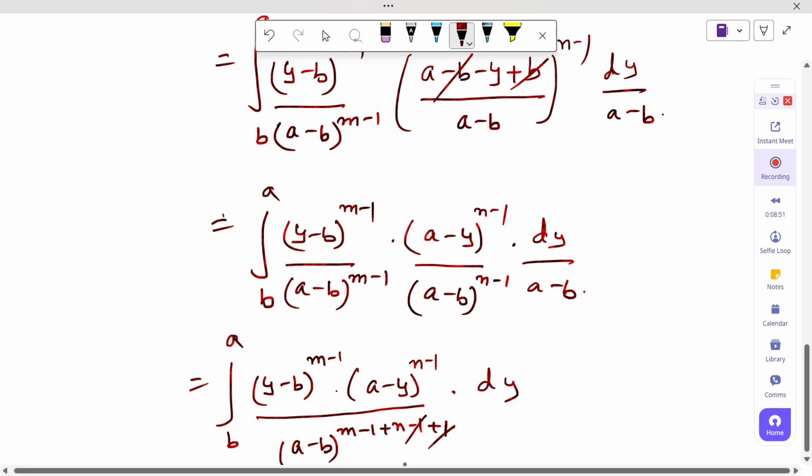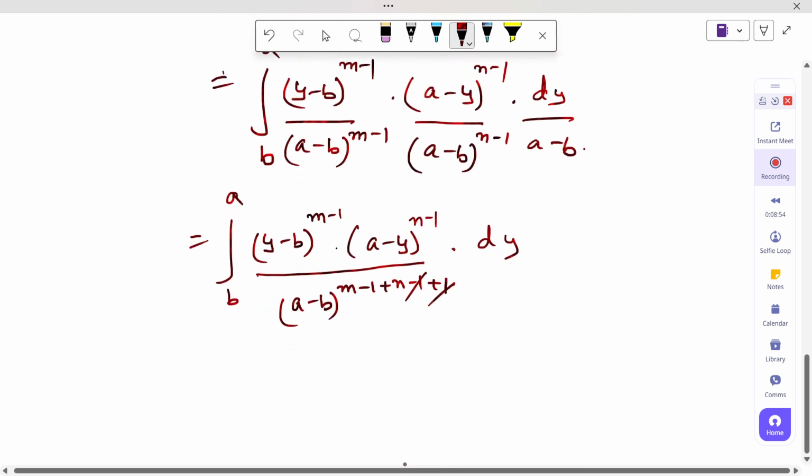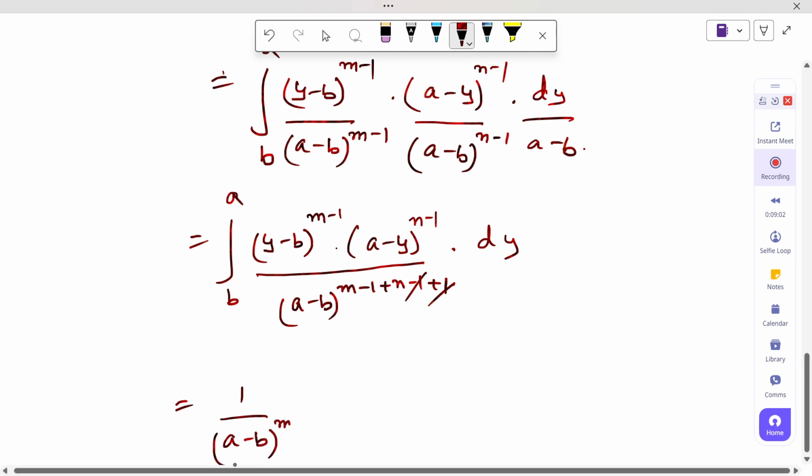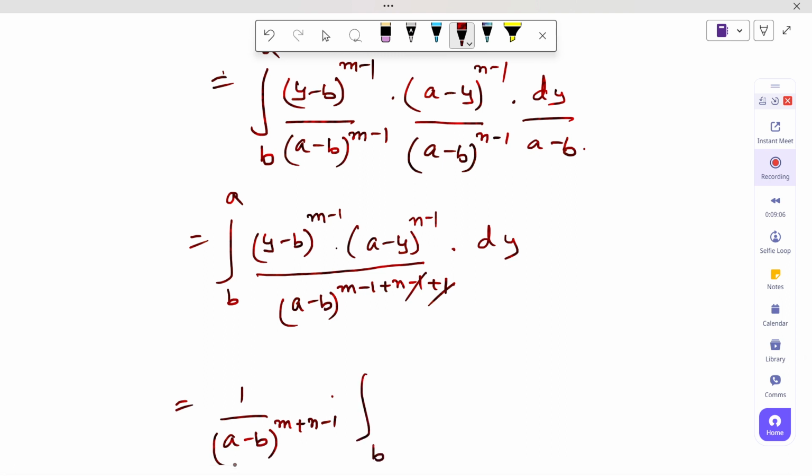The plus 1 and minus 1 will get cancelled. It's equal to 1 divided by (a minus b) to the power of m plus n minus 1, integral from b to a of (y minus b) to the power of m minus 1.